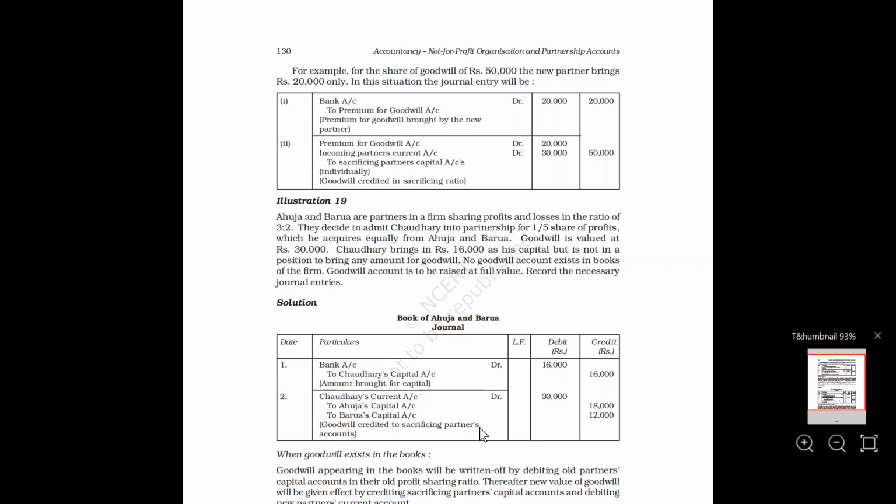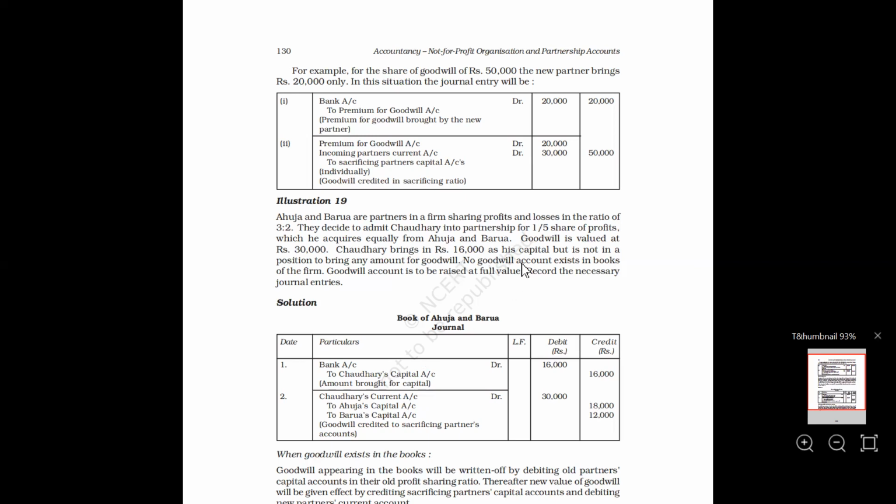So goodwill is credited to the sacrificing partners' accounts. We are going to wash out this goodwill account, so that we only use the current account.